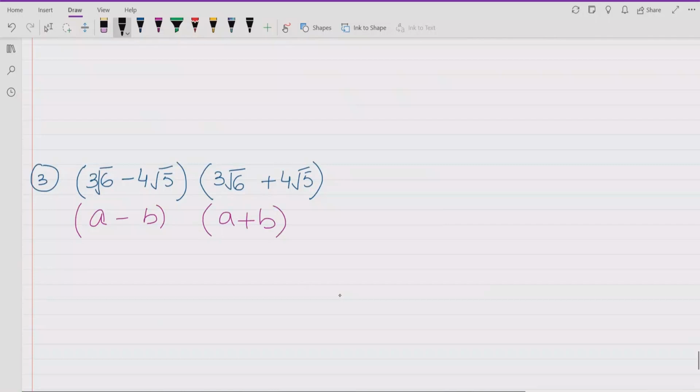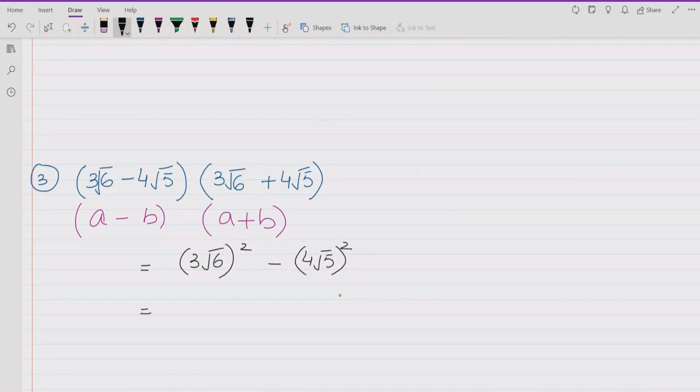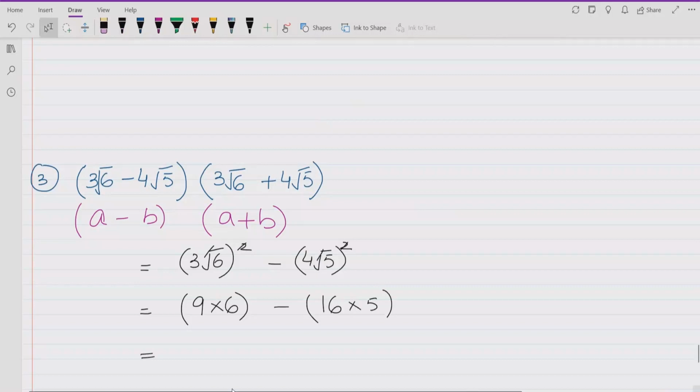We will simplify both of them using the same formula: 3 root 6 whole squared minus 4 root 5 whole squared. Now 3 threes are 9 and the 2 is cancelled by the square, so we get 6. And 4 fours are 16, and we get 5 here, right? Now we will multiply both of them.